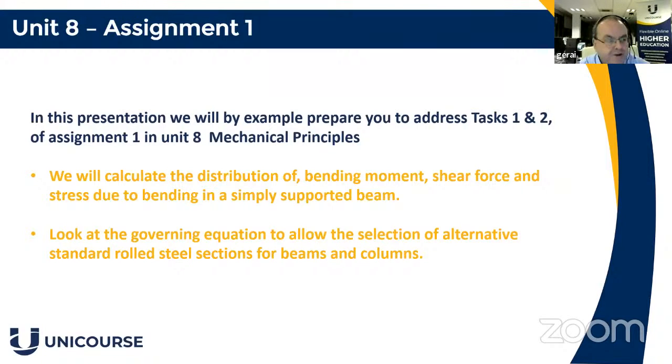Following that, we're going to look at the governing equation that allows for the selection of an alternative standard roll steel section for a beam or a column. That's really the second part of the assignment, task 2. So we'll start off with task 1.